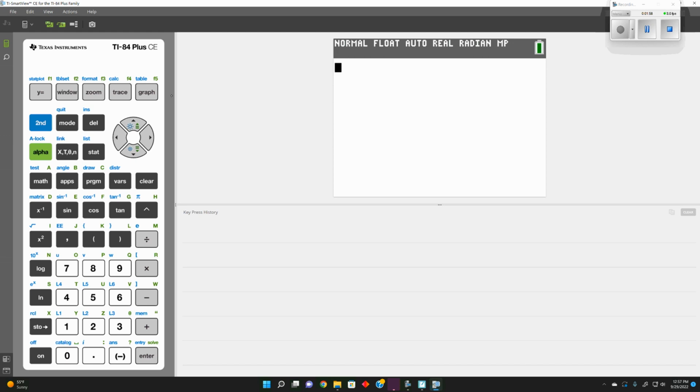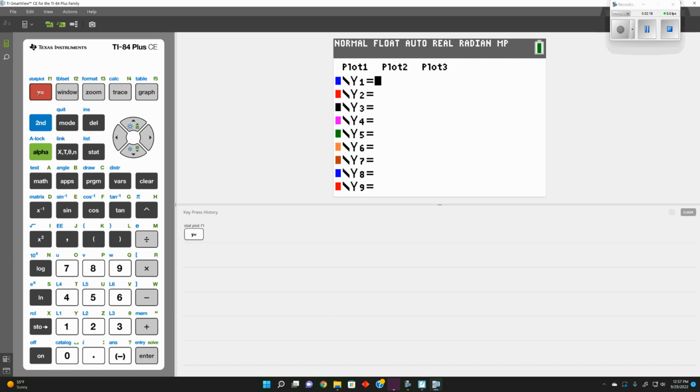We can use the graphing calculator. If we grab the graphing calculator and turn it on, the first thing we can do is hit y equals, because if we plug the equation in here, it'll let us graph it. So let's type the equation in.